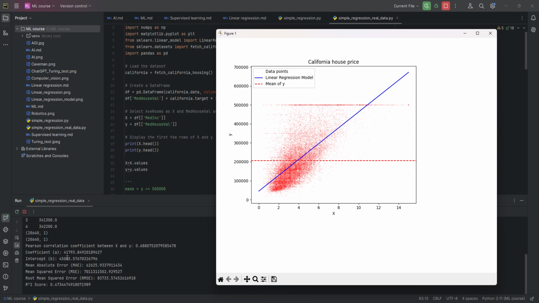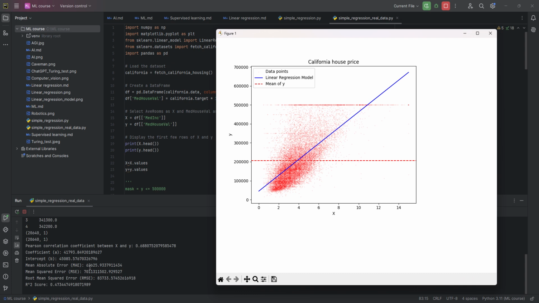And you can see also that we have the MAE and MSE. The MSE is hard to interpret, so that's why we have the RMSE. So the MAE and RMSE are in the same unit as the Y. So for example, Y is the housing price, and we have the average at 200,000 plus in that year.